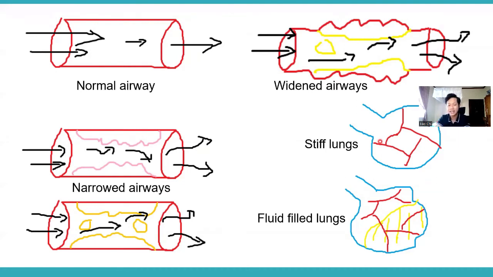Okay, so the fluid-filled lungs right here, the fluid means the bacterial waste. Oh, I'm sorry, the stiff lungs right here are because of weakness of the respiratory muscles. For the fluid-filled lungs, we have the same problem as with stiff lungs, so it's hard to exchange oxygen into the blood.